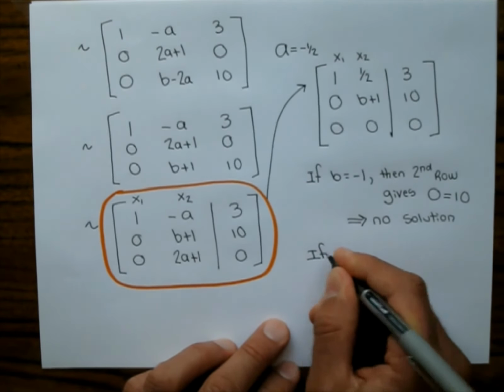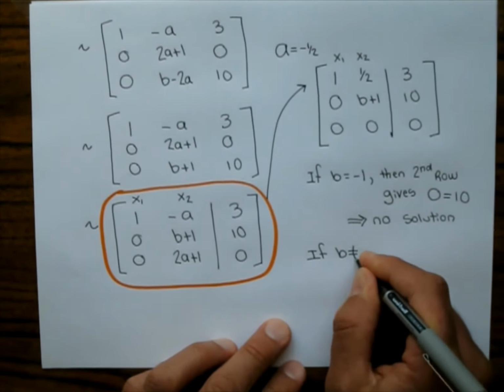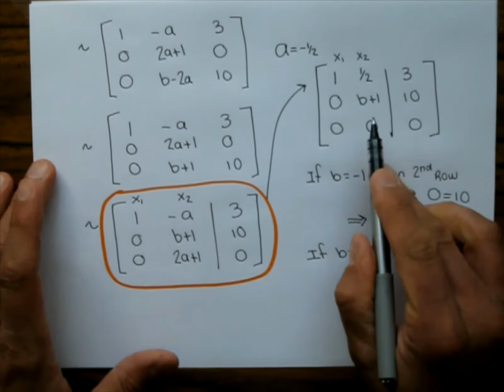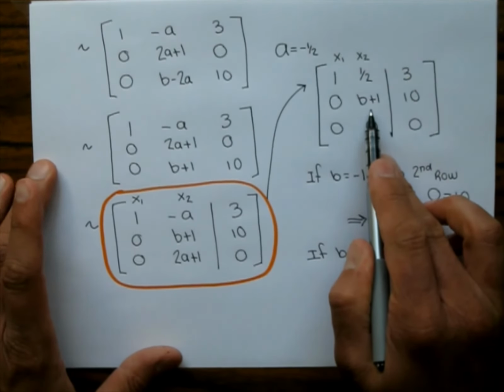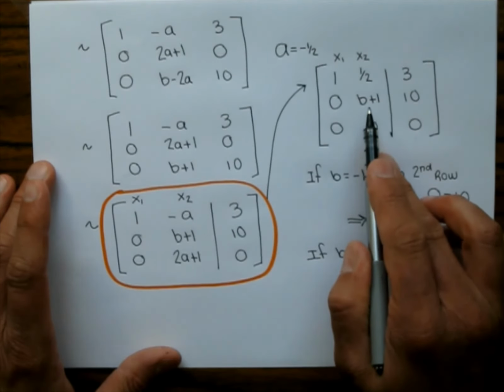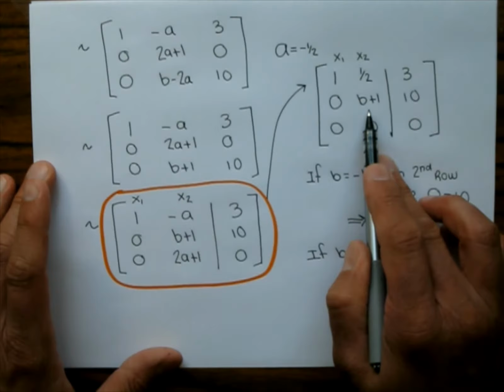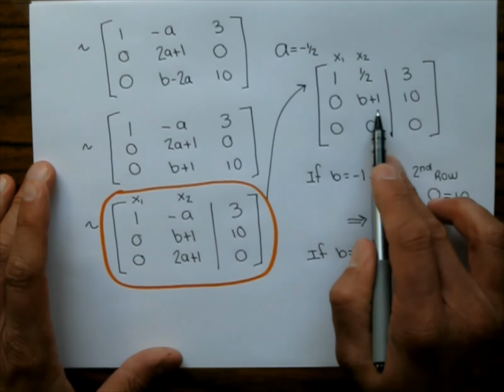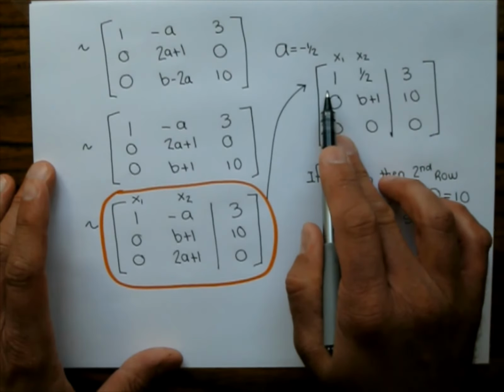If b does not equal negative 1, then you would have some number here. It could be like 7 or something that is not 0, which then would mean that x2 is bound, because that could be a pivot, you can scale it down, and x1 is also bound.